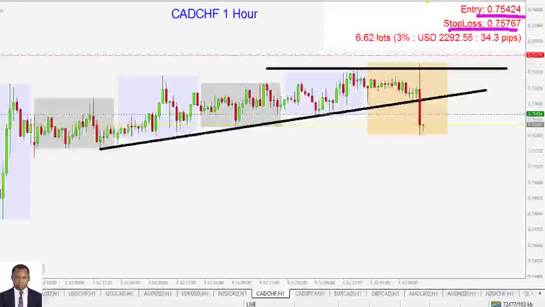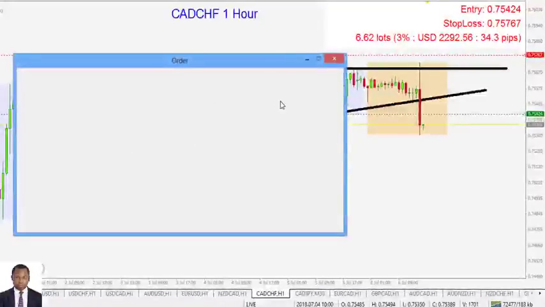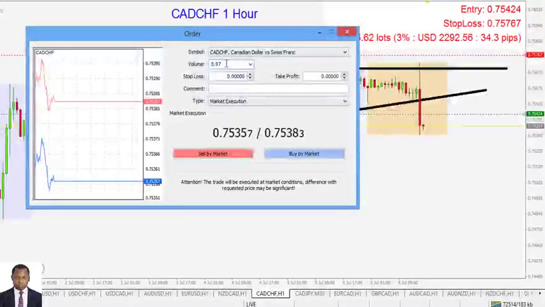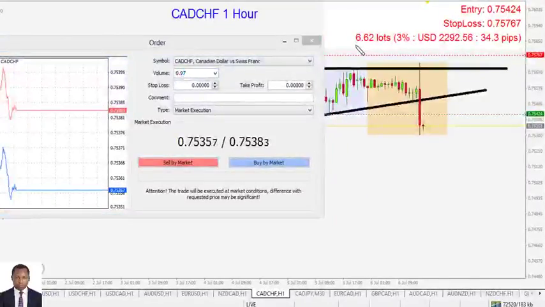It's a pending order. So I'm going to right click on my chart, go to trading, go to new order. It seems things are hanging for me. I don't like this. All right, I'm punching the lot size there. Remember, 6.62. That's the recommended lot size here.